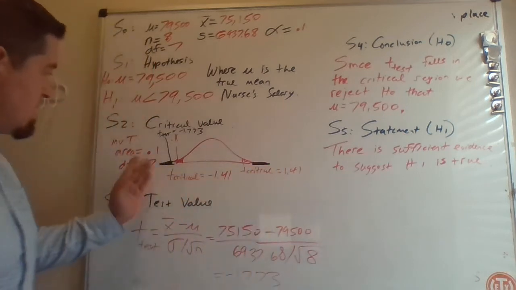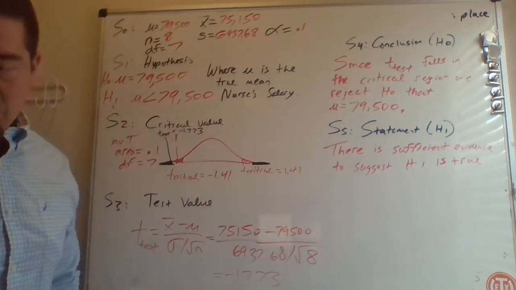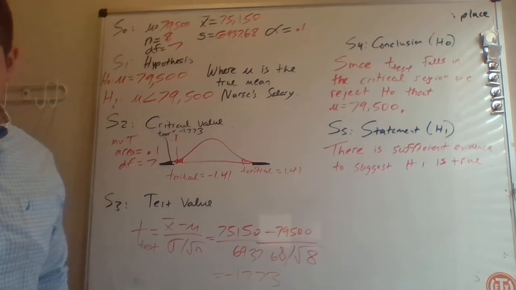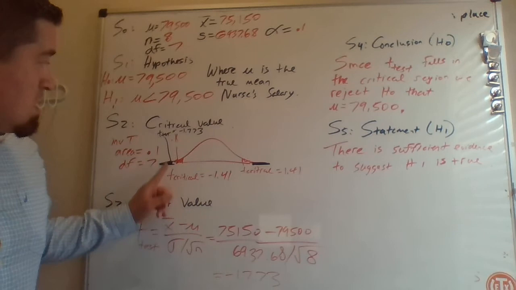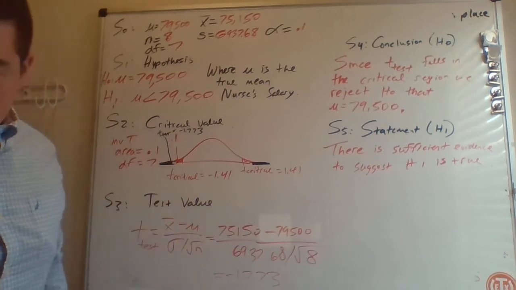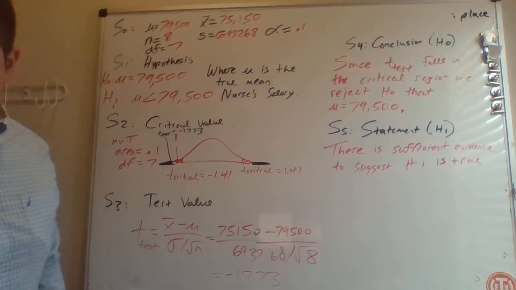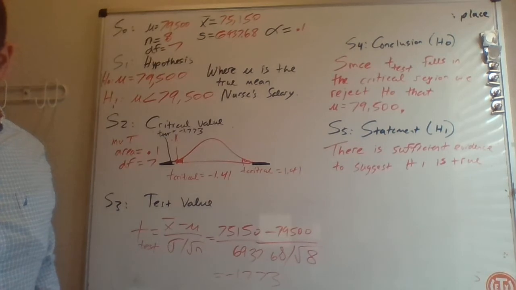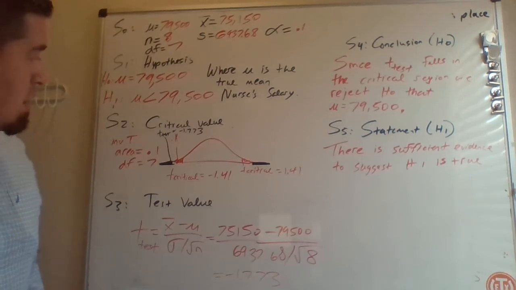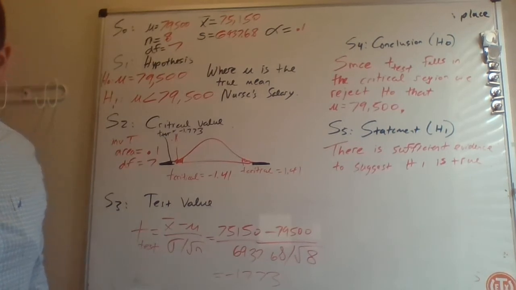So in other words, negative infinity to negative 1.773, normal CDF. Actually, here's an interesting point: TCDF, because we're using t, not normal curves.